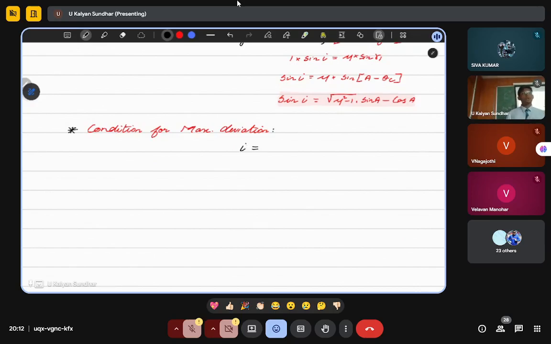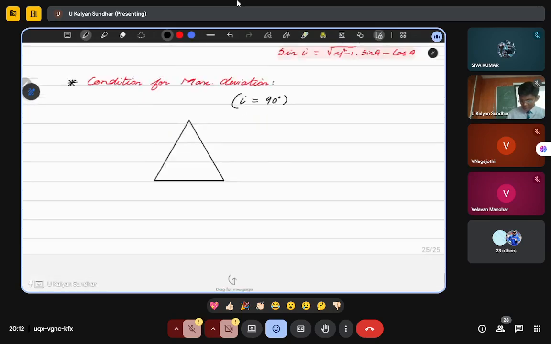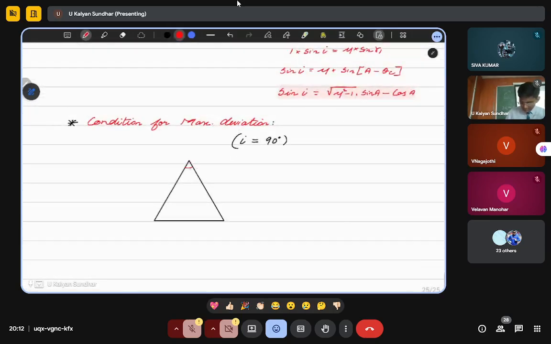In order to have a maximum deviation, your angle of incidence should be 90 degree. That is, if this is the prism, angle of prism, and this is the normal surface, then the light has to be coming something like this so that the angle of incidence becomes 90 degree, right? So after that it will be refracted somewhere like this.